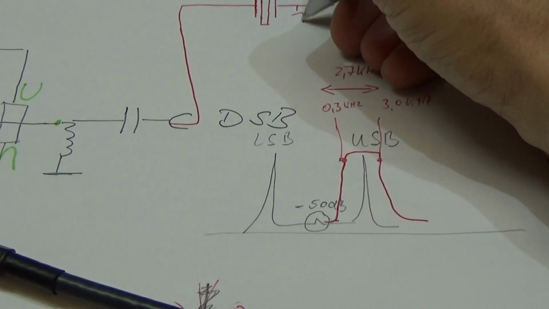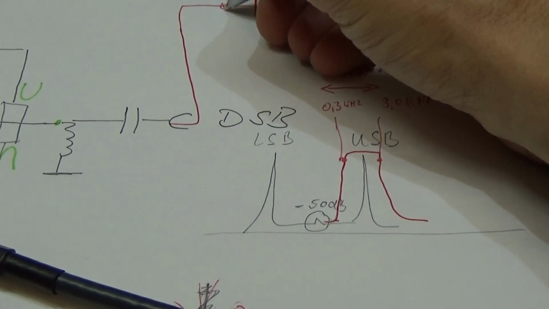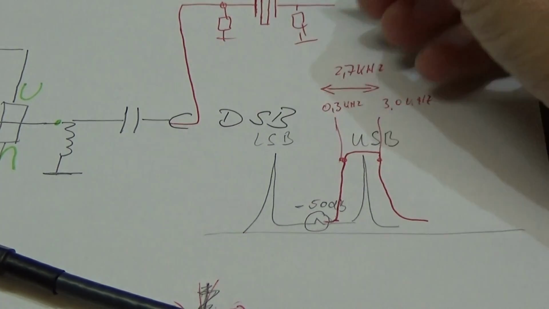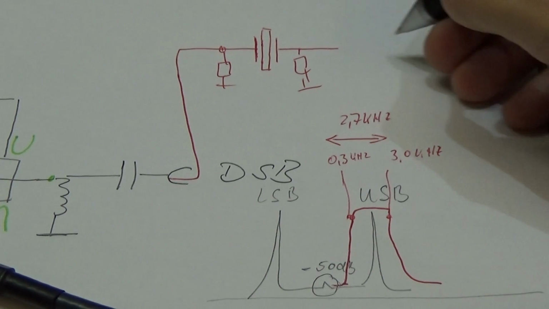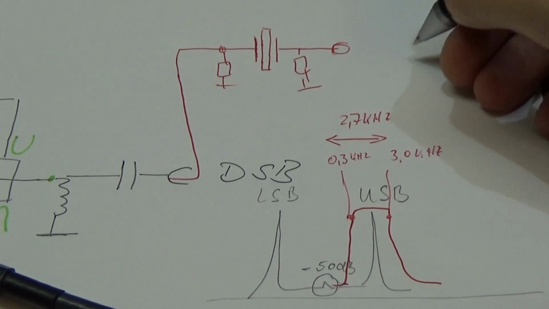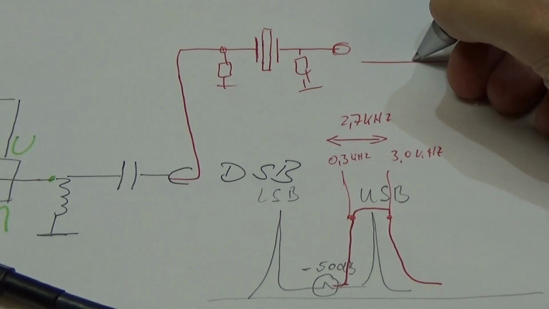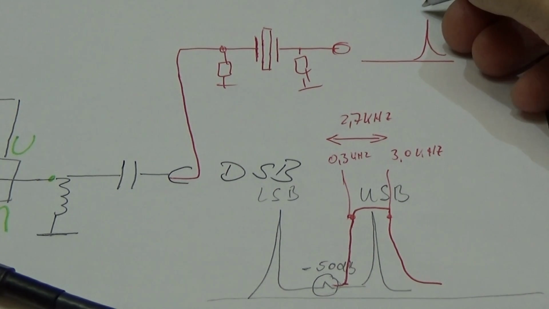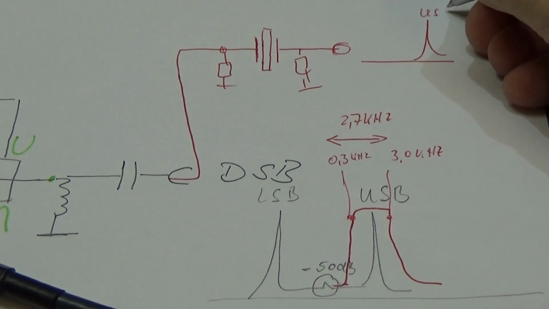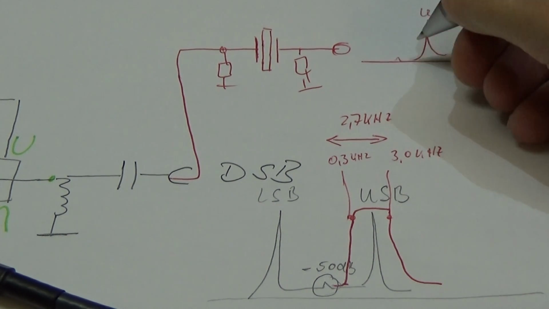It would look something like this, and then at the output we will definitely have only our upper sideband, USB.